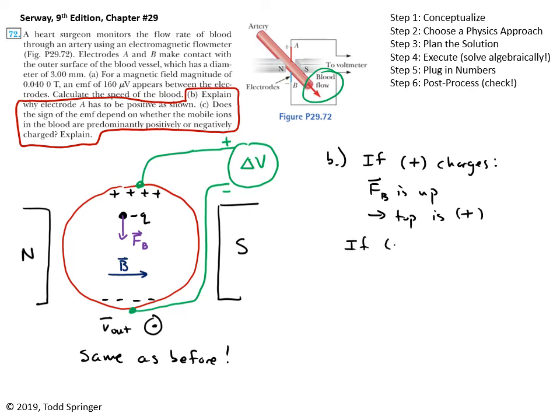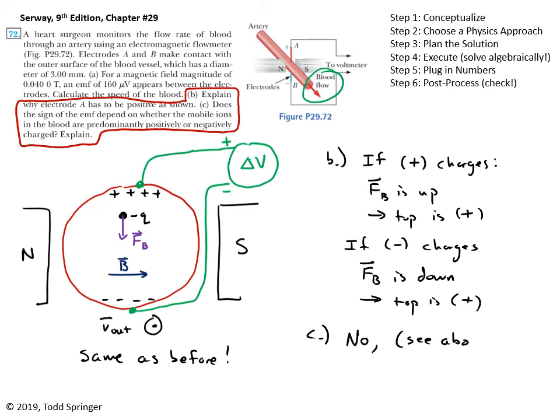If they're negative charges, FB is down, which means that the top is positive in both cases. And so for part C, does the sign of the EMF depend on whether they're positive or negative? And the answer is no, for the same reason. No matter which case I have, the top of the blood vessel becomes positive, the bottom becomes negative.